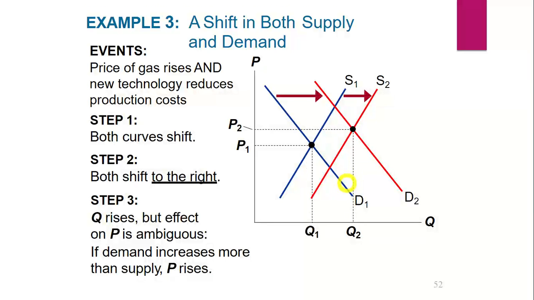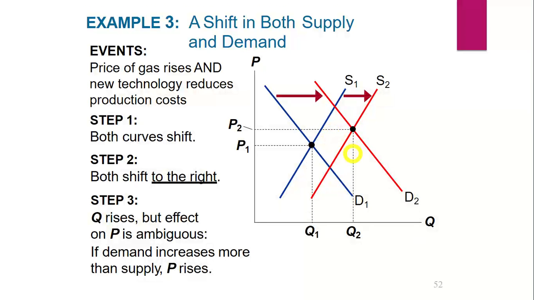You can see here that the gap between demand curves, that is D1 and D2, is wider as compared to the gap between supply curves, that is S1 and S2. It looks like the change in demand was larger than the change in supply.